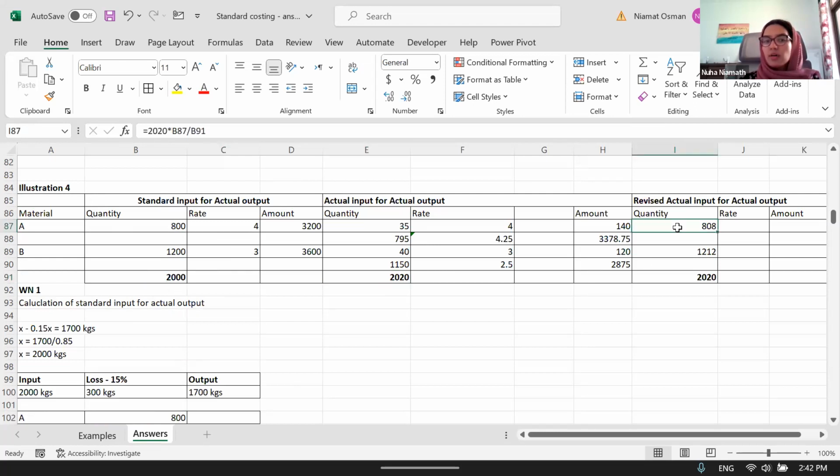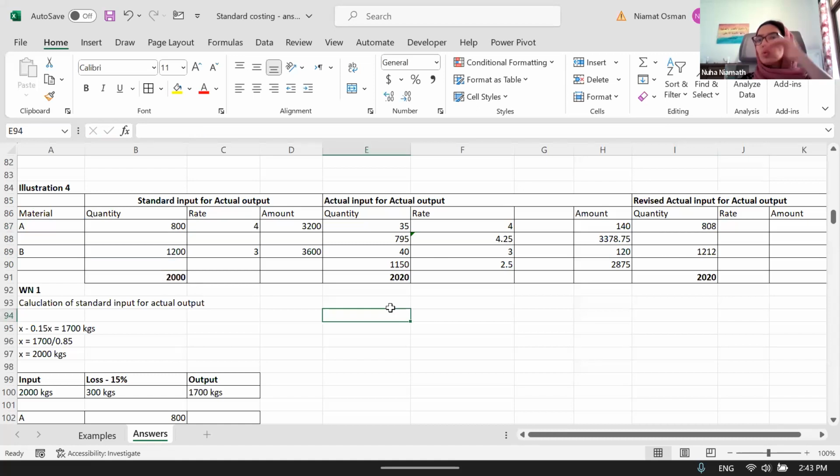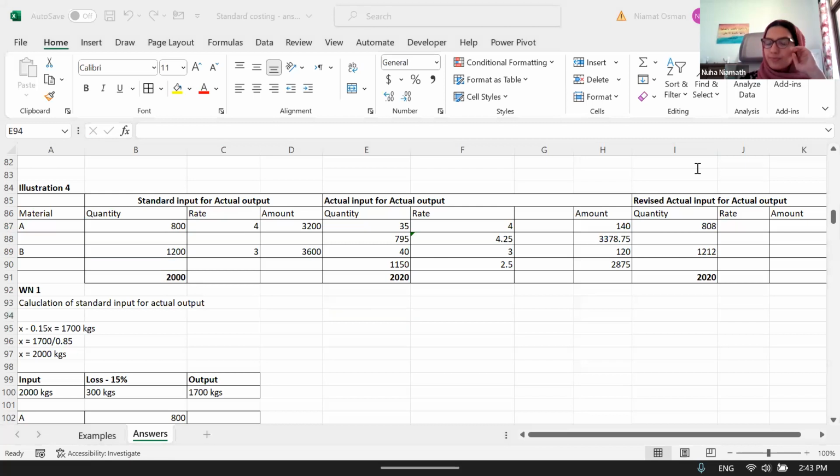So it is 2020, our total, into 800 by 2000, and similarly 2020 units into 1200 by 2000. So we are just making our actual input into the standard mix proportion. Okay, perfect.